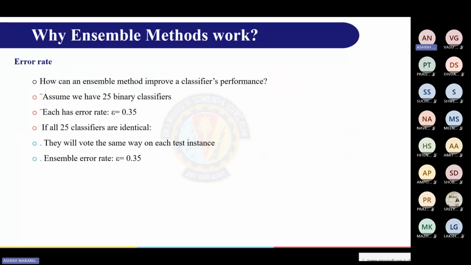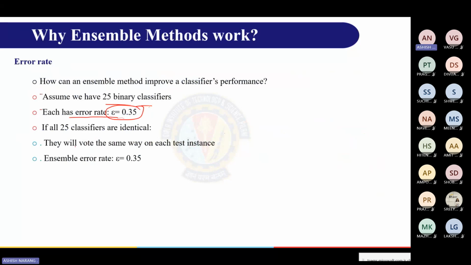There is a statistical proof also. Assume that you have 25 binary classifiers, each with an error rate of 0.35. And if all of them are identical, then what will happen?